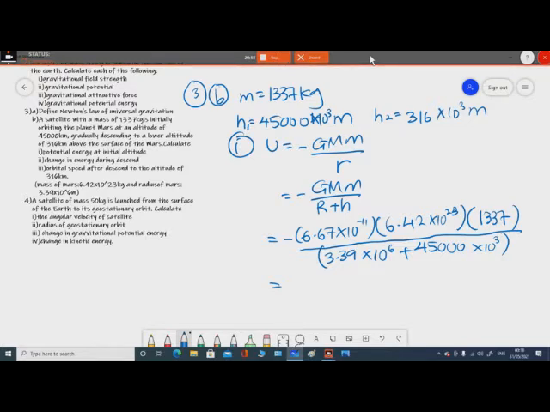The final answer given is 1.18 times 10 to the power of 9, negative of course, but my final answer is 1.2635678 times 10 to the power of 8. That's strange.